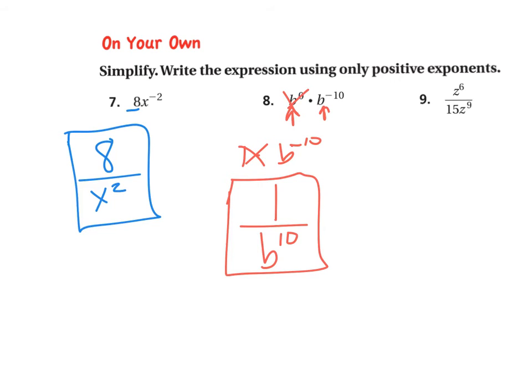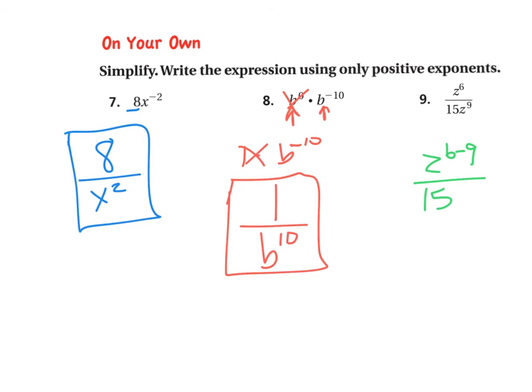All right, last one. So I have z to the 6th over 15z to the 9th. You can think there's an imaginary 1 right there if that helps you. The 15 stays on the bottom because we're not simplifying the numbers, the coefficients. We're just simplifying the exponents here. So when you're doing division, what do we do? We do subtraction of the exponents. So I actually have z to the power of 6 minus 9 over, and I leave that 15 there.